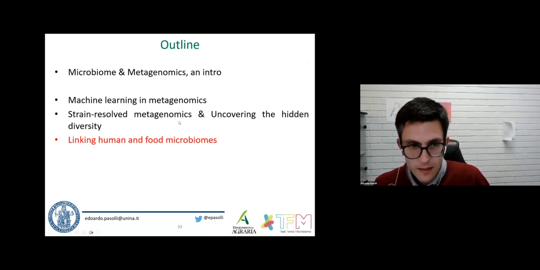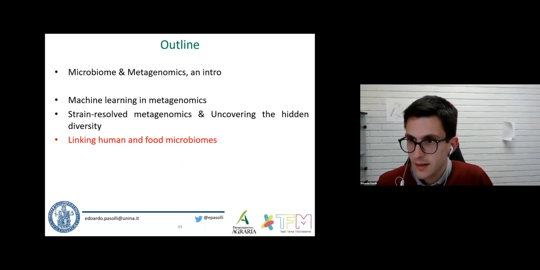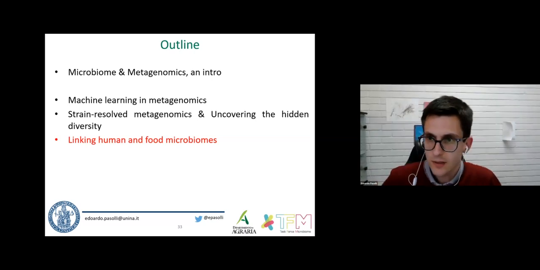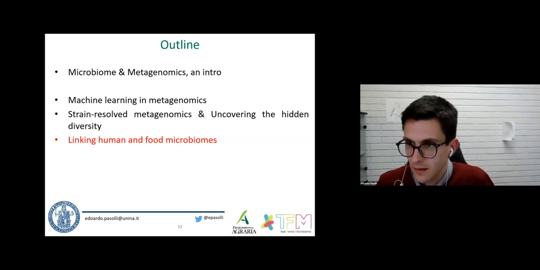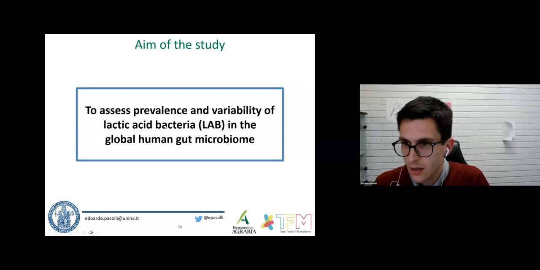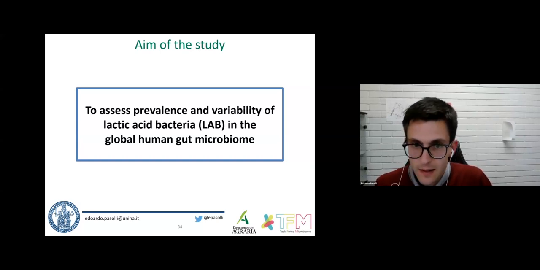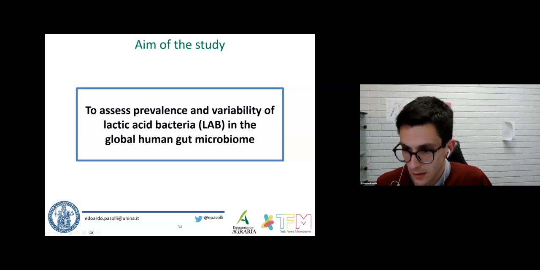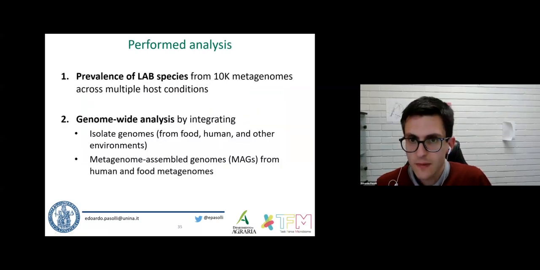So to conclude my presentation, I also want to present a few slides on my current research, trying to link the human and the food microbiome. One of the studies that was published was focused on Lactobacillus. In particular, we were interested in assessing the prevalence and variability of the LAB in the global human gut microbiome.